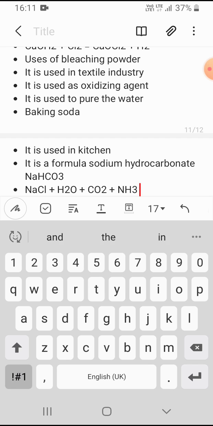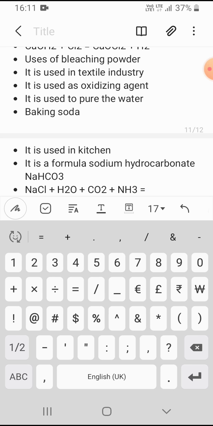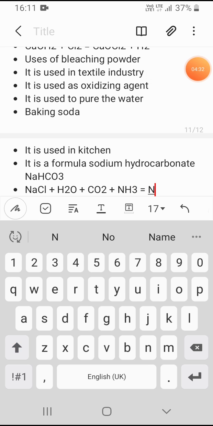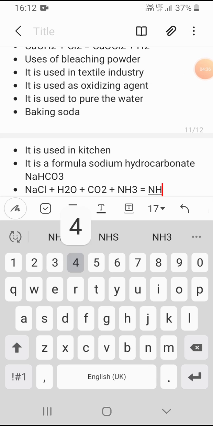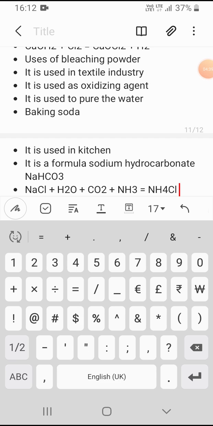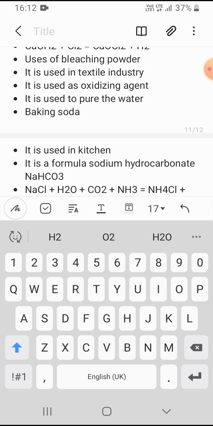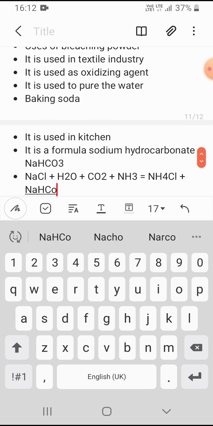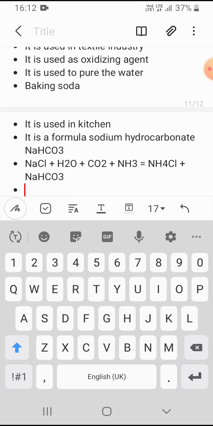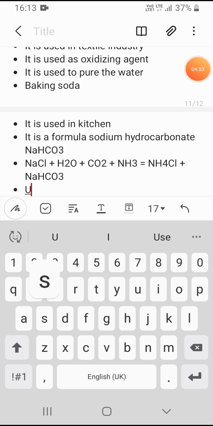When it reacts with these, we get NH4Cl, that is ammonium chloride, and next sodium hydrogen carbonate, NaHCO3.